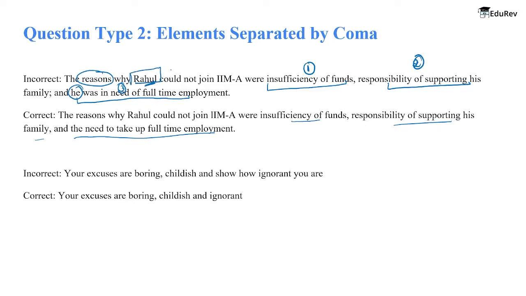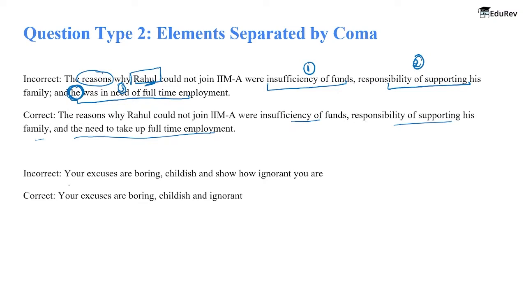We know that we are talking about Rahul. So is it necessary to again refer he here? No, it is not. So the correct statement is and the need to take up full-time employment. We don't have to repeat when the elements are separated by a comma.